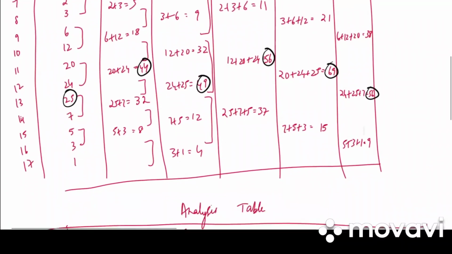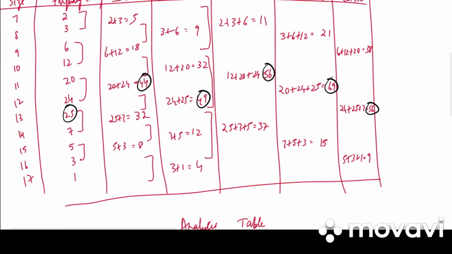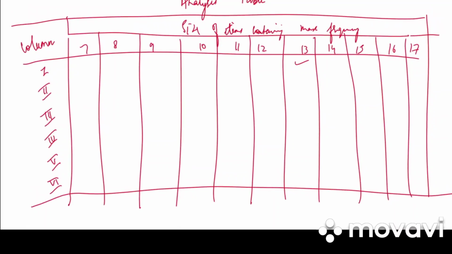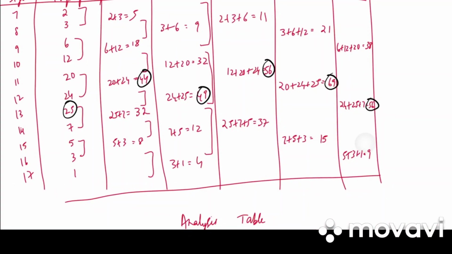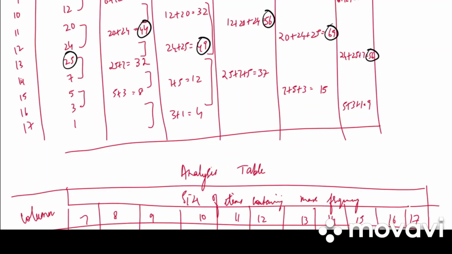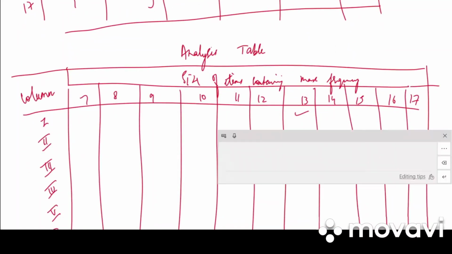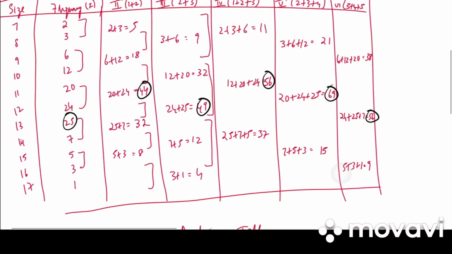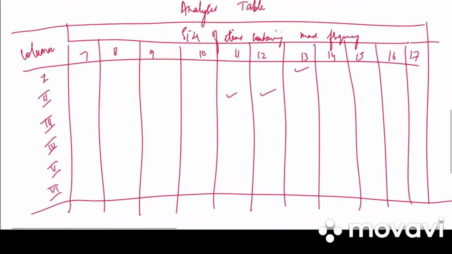So in the first column it is 25. 25, the frequency is 13. So tick 13. Next it is 44, that is 20 plus 24, so 11 and 12. Next we have 49, 24 plus 25, so 12 and 13.